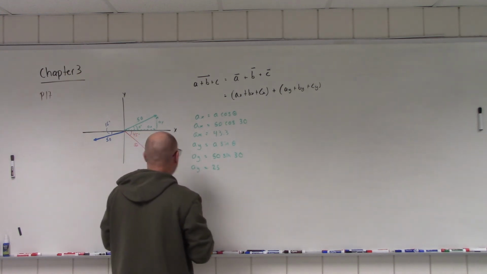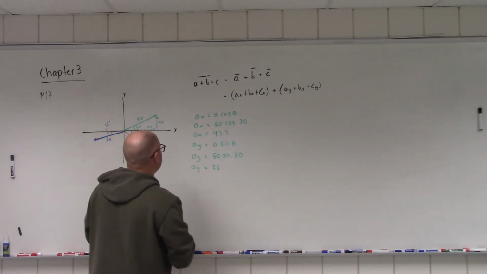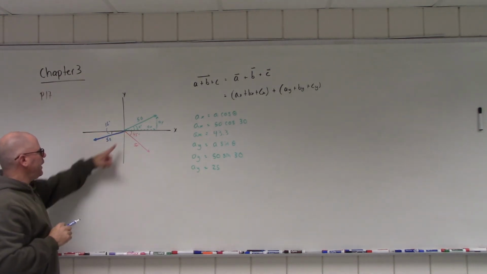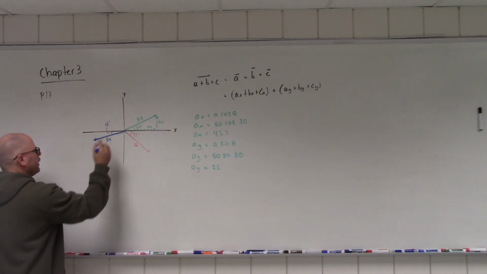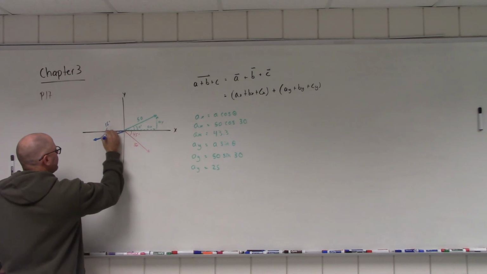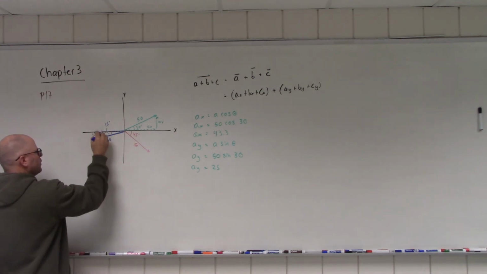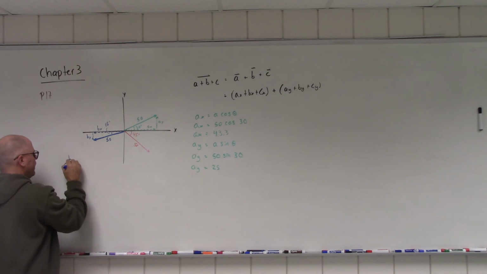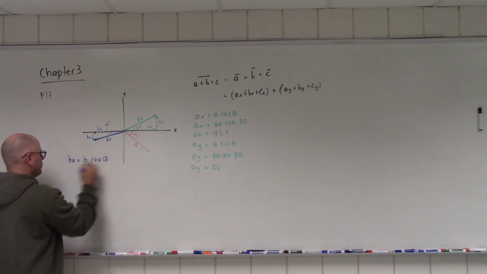All right, let's do the B vector. So it gave us the angle measured from the x-axis, but I'm just using the reference angle here because it allows me to explore the components a little more easily. So this one here is BX, this one here is BY. So B in the x direction is equal to B cosine theta.